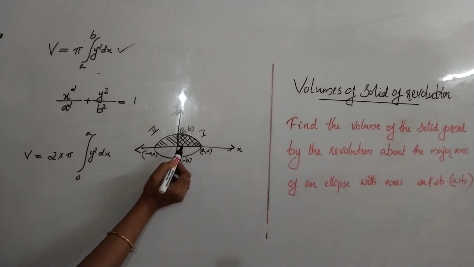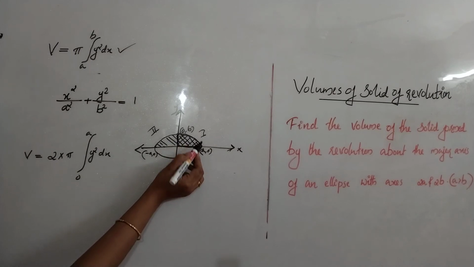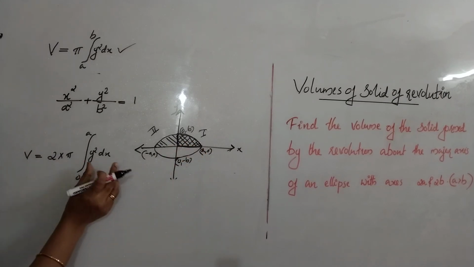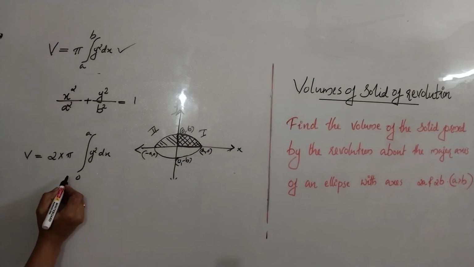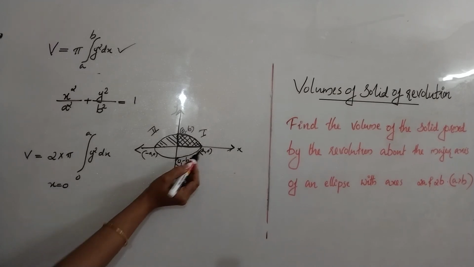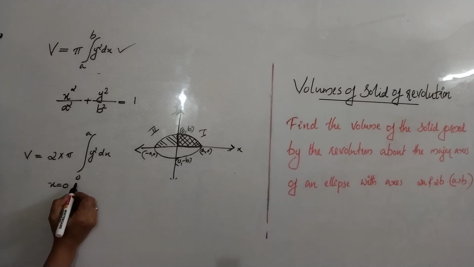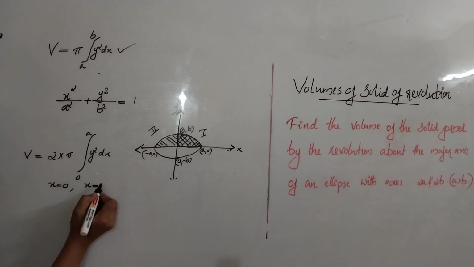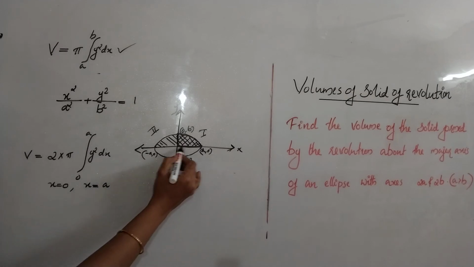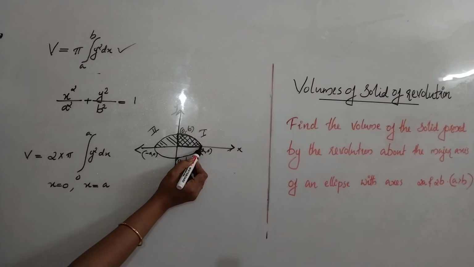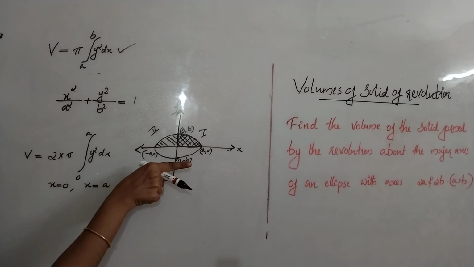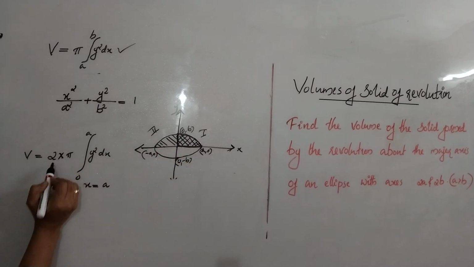Since this is symmetric about the x-axis, I am taking only this portion in the first quadrant. Here the limits vary from x is equal to 0 to x is equal to a. This is revolving about the x-axis, and 2 into that gives the total volume.